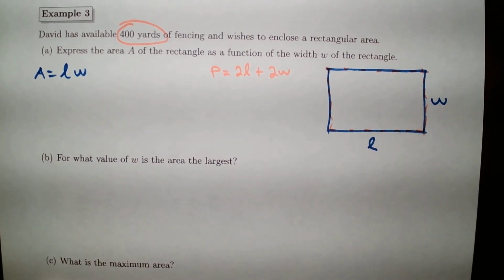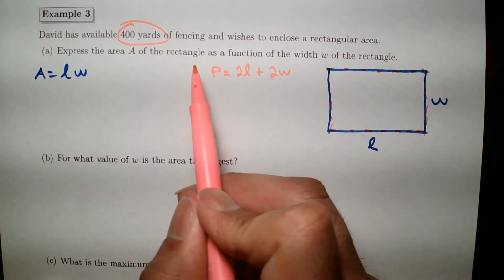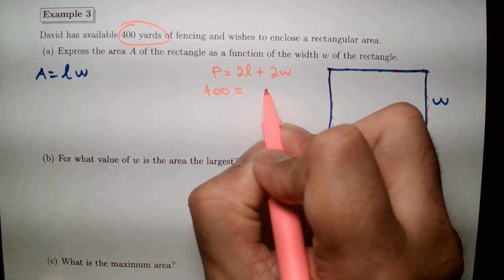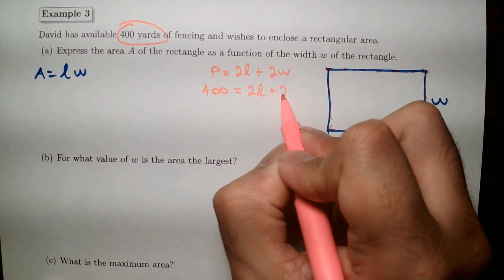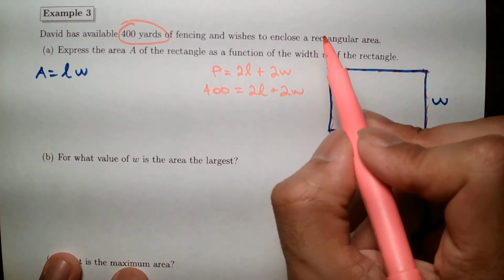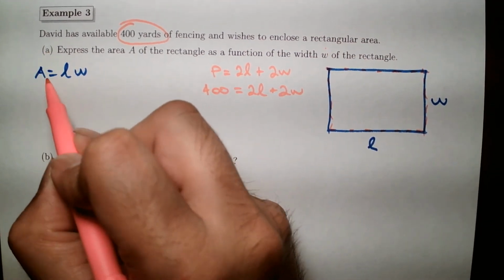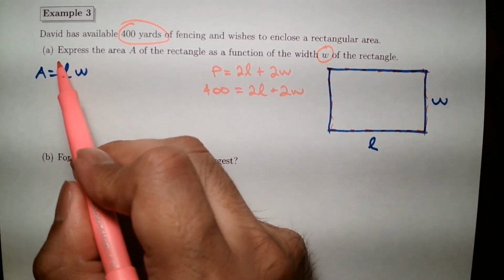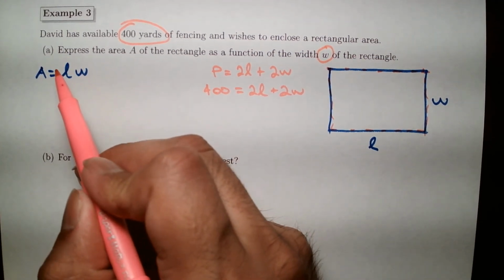Okay, so what are we going to do in this case? Well, we know the numerical value of the perimeter, which is 400. And I want to have our area function in terms of only W. That means I need to get rid of L. How do we get rid of L?